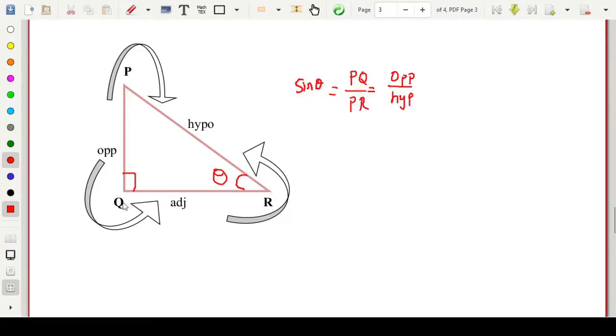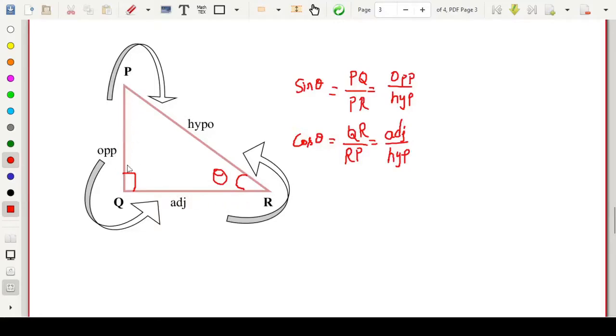Next comparison is side QR by RP or PR, that is adjacent by hypotenuse, which is named cos theta.